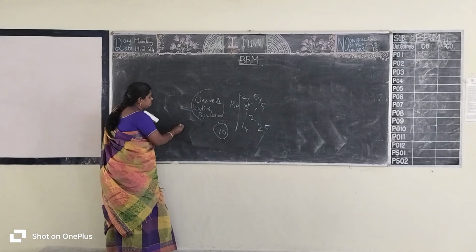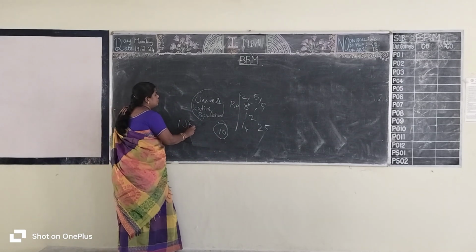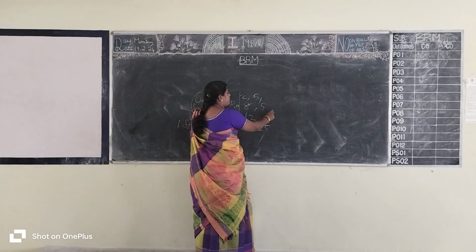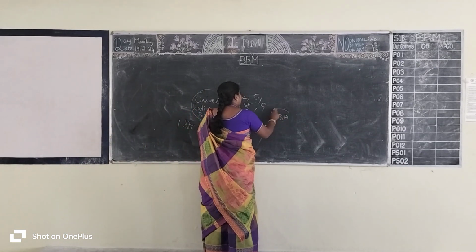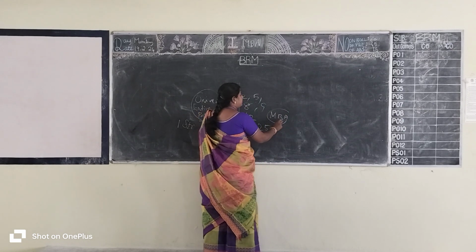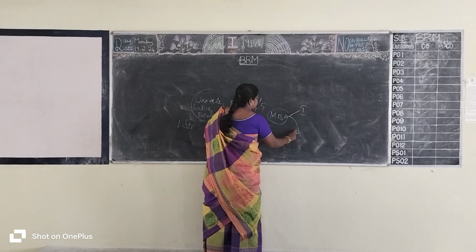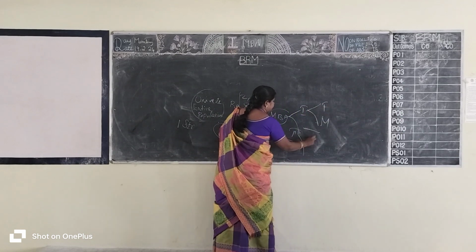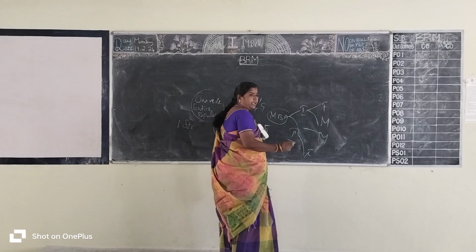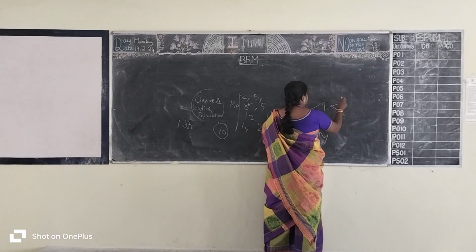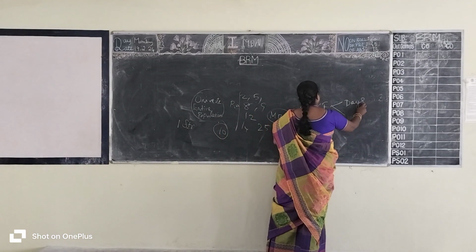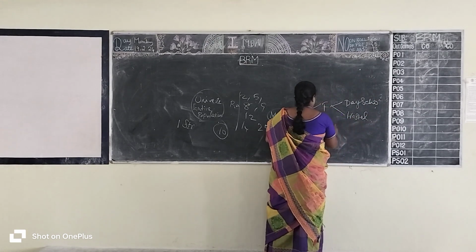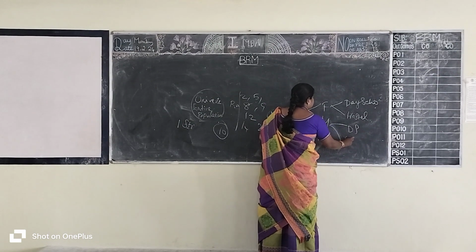The second one is stratified: dividing the population into groups. Say, for example, the number of respondents from MBA is simple random. Number of respondents from first year, second year, from first year male, female. So from female, day scholar, hosteler; male, day scholar, hosteler.